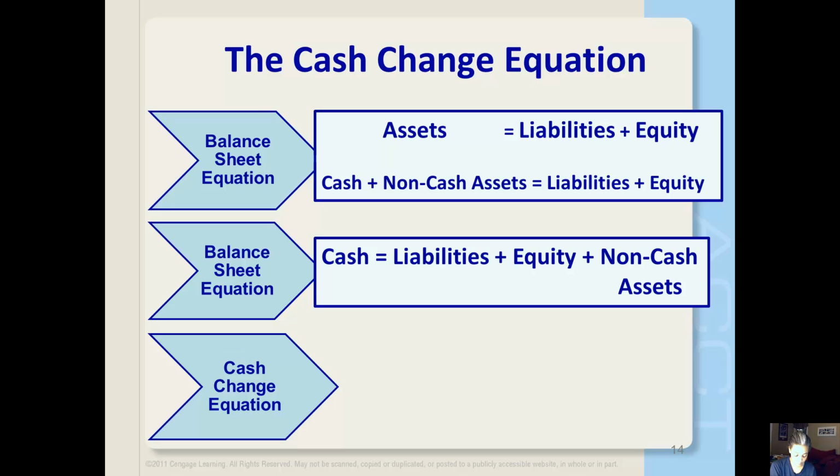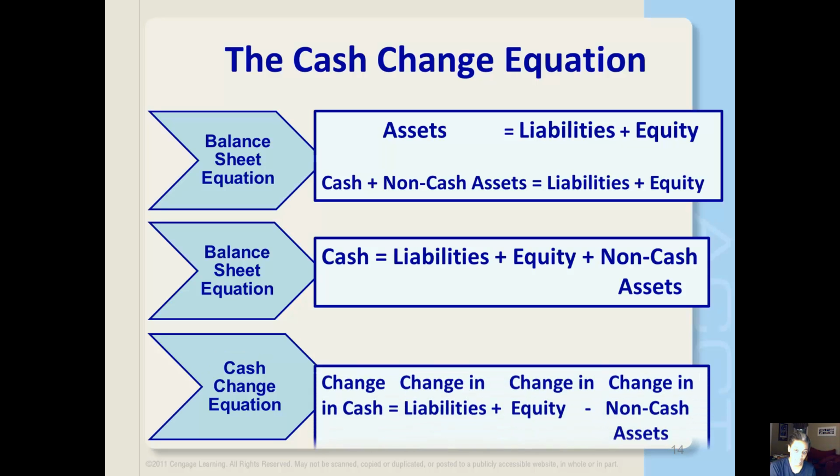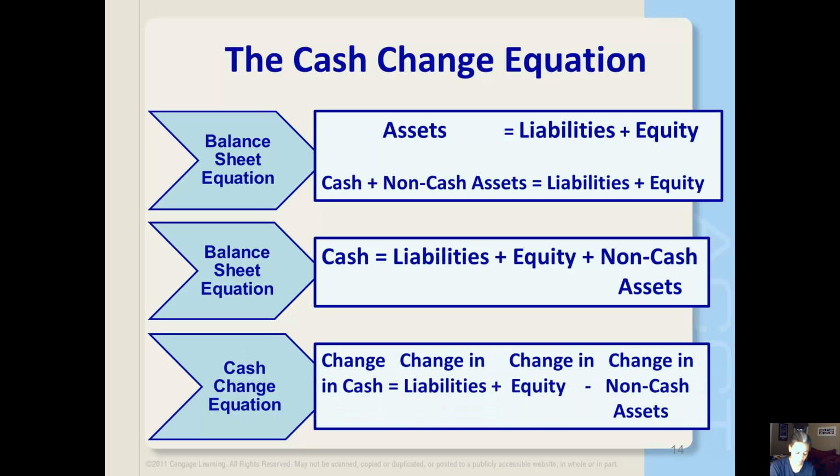This equation can be rewritten to show that the change in cash for a given period is equal to the changes in all other non-cash accounts. And sometimes that's referred to as the cash change equation that you see in the bottom box.